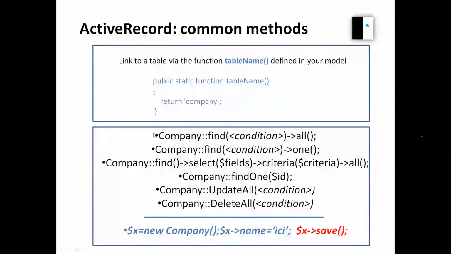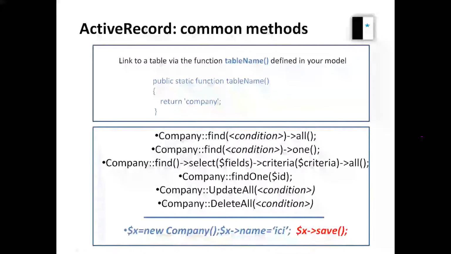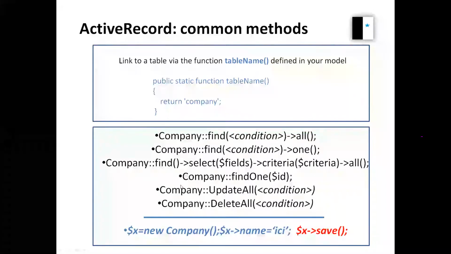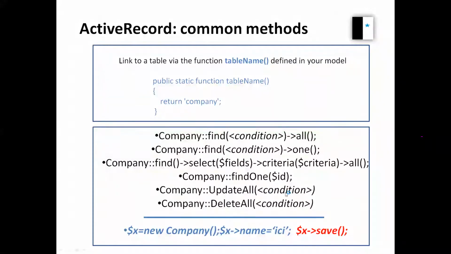If company is an ActiveRecord model, you can write things like that: Company::find condition all, Company::find condition one, Company::find select fields criteria all, Company::find one by ID, Company::updateAll, provided some condition is met, and Company::deleteAll, provided some condition is met. So these are all quite self-explanatory, and you guess the effect of each one.